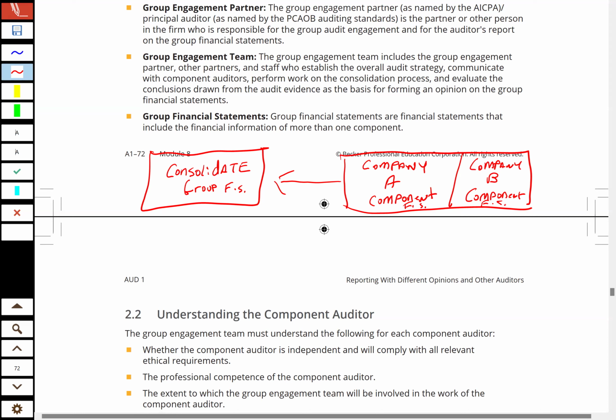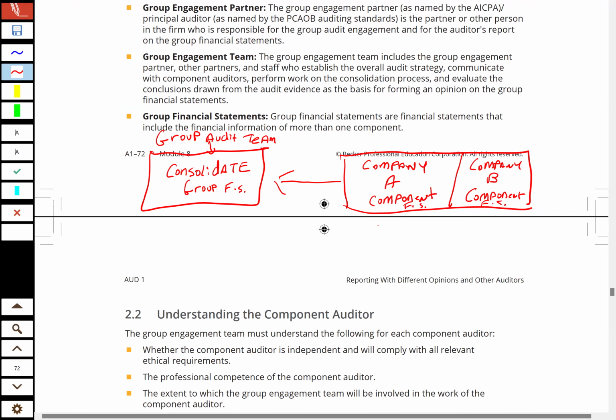Okay, now what would happen? We would have a group auditor. We'll call them a group audit team, that is responsible for auditing the group financial statements.